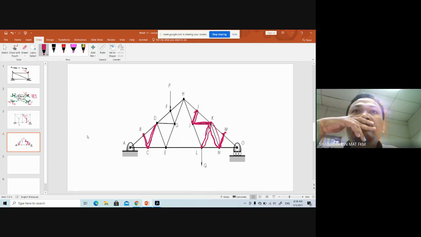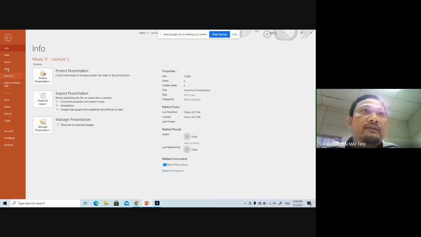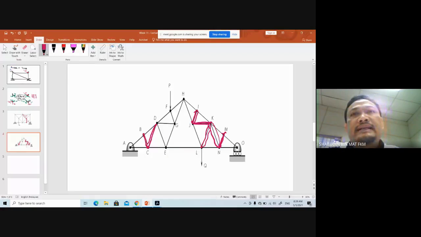Not a 0 there. D to G is not 0. Okay, that's it. You have to determine this. We used to ask in the examination, please identify the 0 force members in the structures.